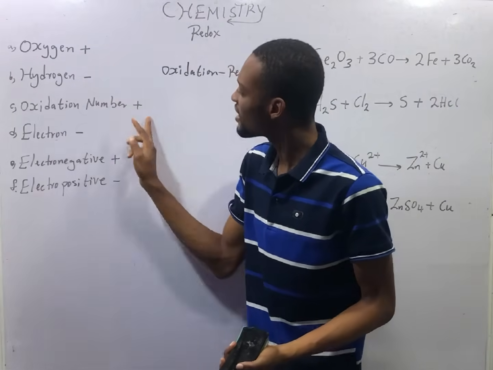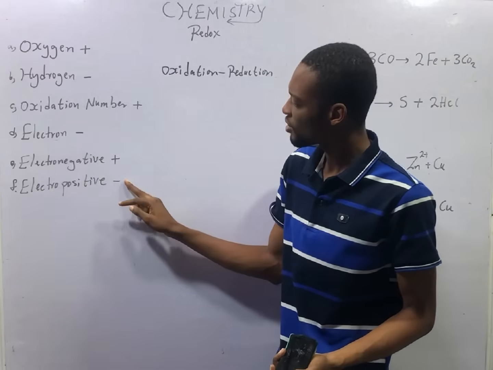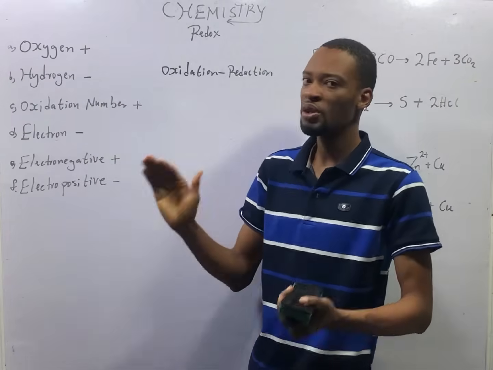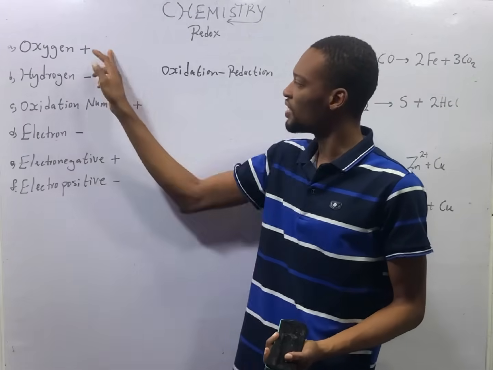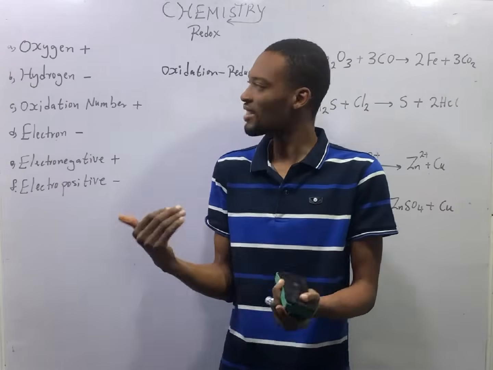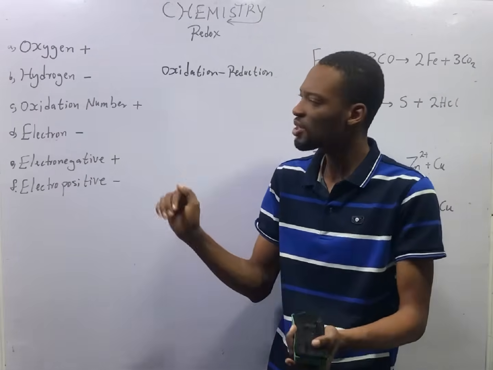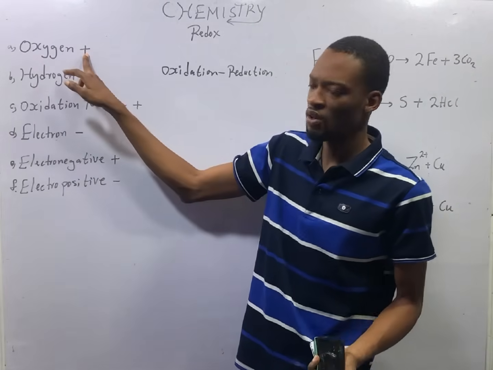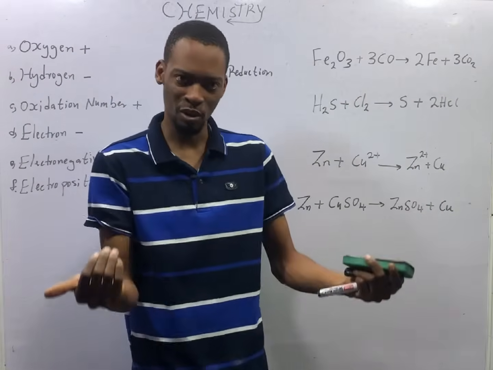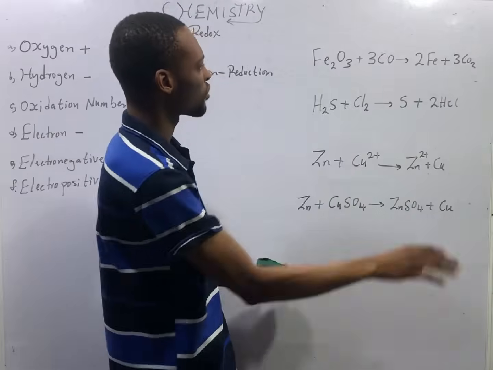You see all these signs here. These signs are for oxidation. Plus, minus, plus, minus, plus, minus. Which means reduction will be opposite of these signs. Once again, in terms of oxygen, oxidation is addition of oxygen and reduction is the removal of oxygen.